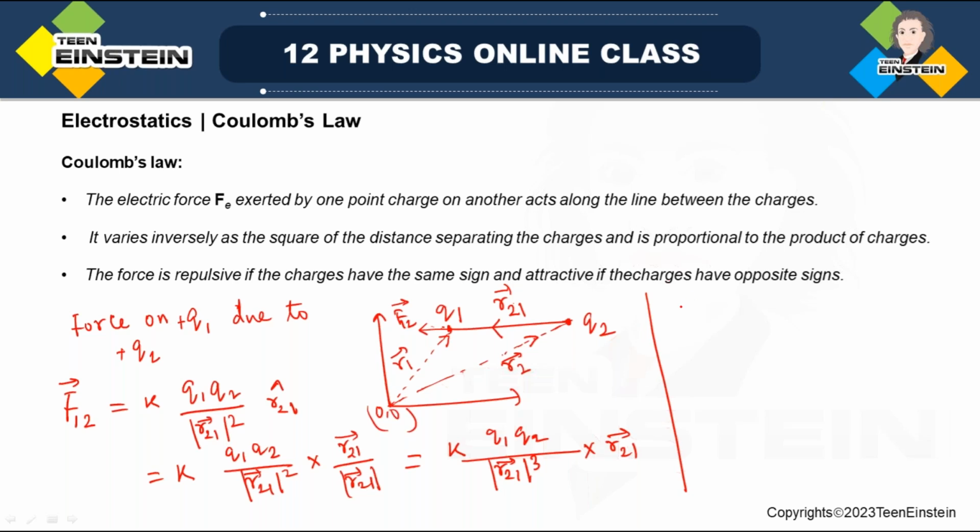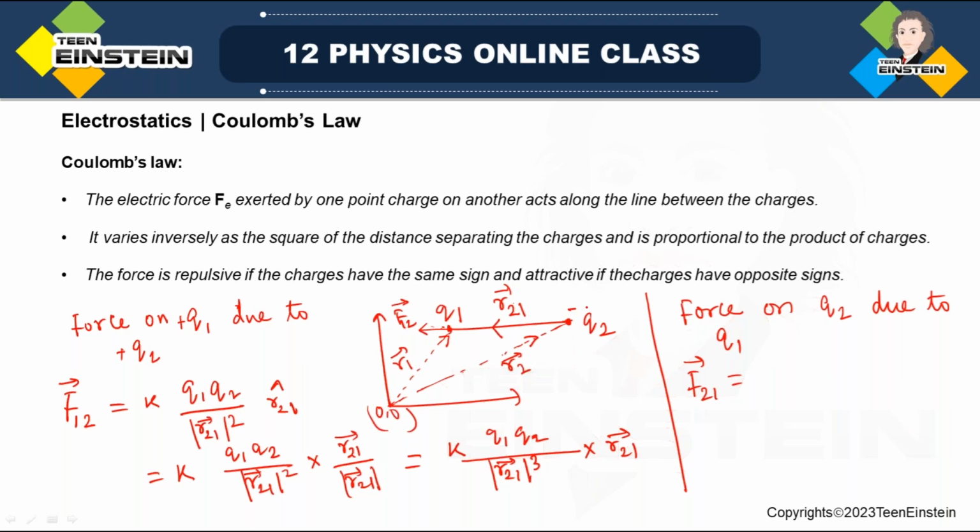So if I say force on Q2 due to Q1, what we should write is F21.